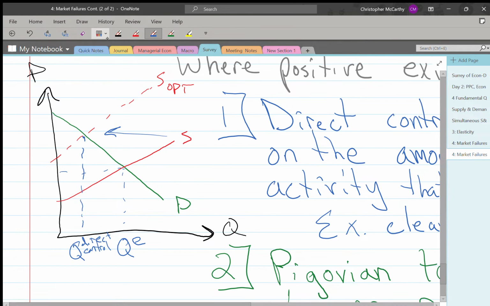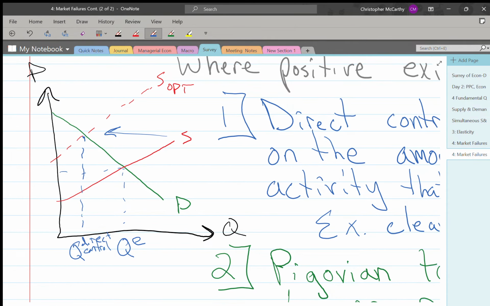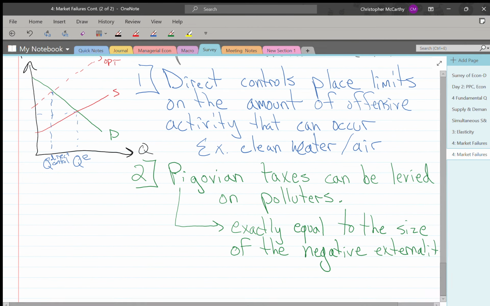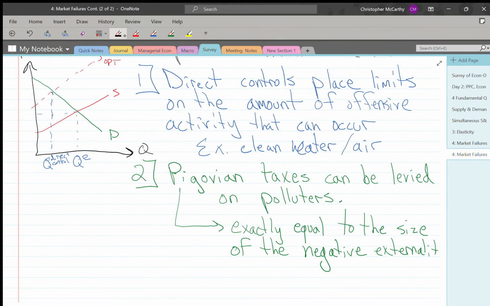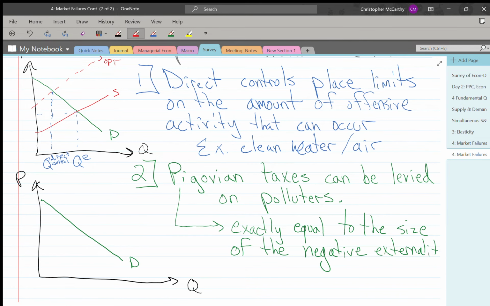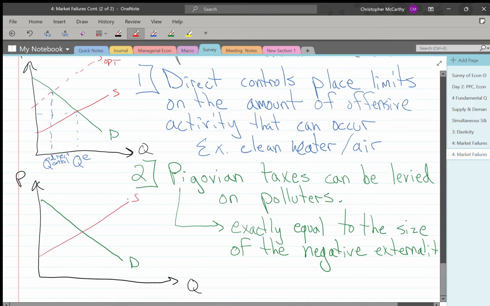The other thing that they can do, so that's the direct controls, but like I said, most of the time we're doing a Pigouvian tax, and so this is where they have the same setup. And they find how much is this amount here, right?